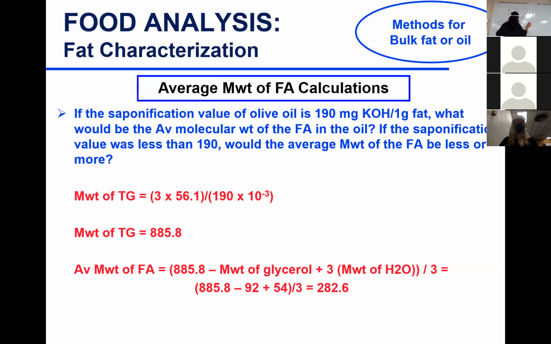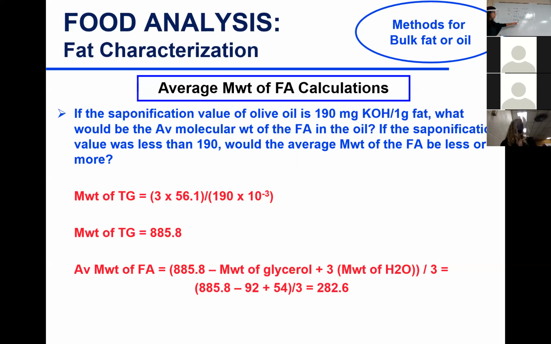Now that I have how we got to the molecular weight of triglyceride, 885.8 grams per mole, plus 3 times 18 equals 92 grams per mole plus 3 fatty acids.